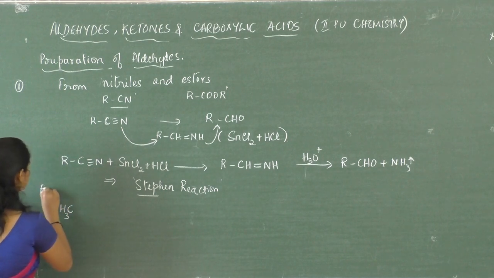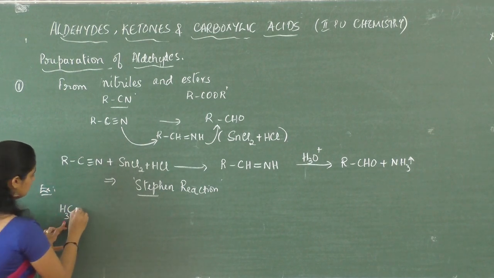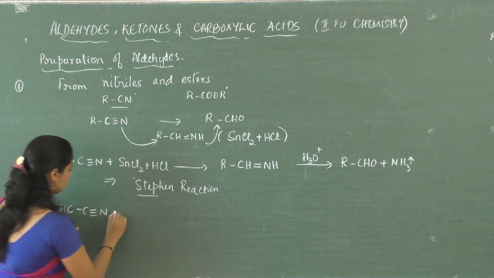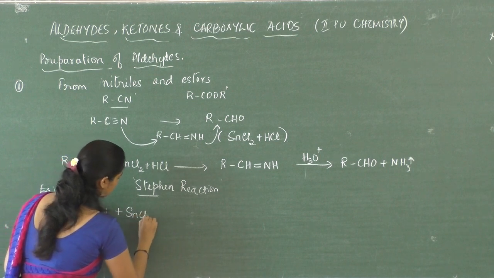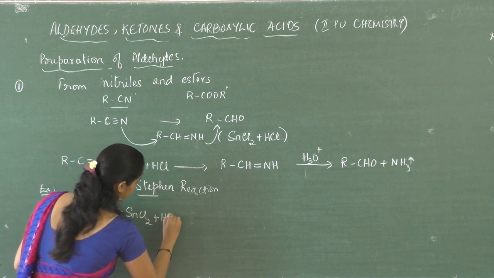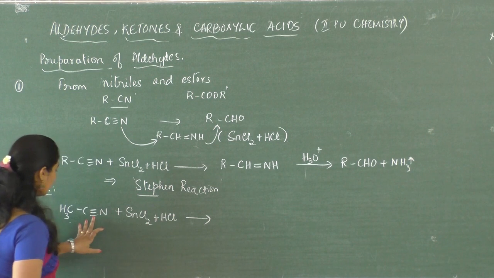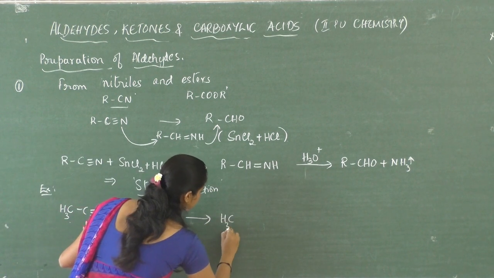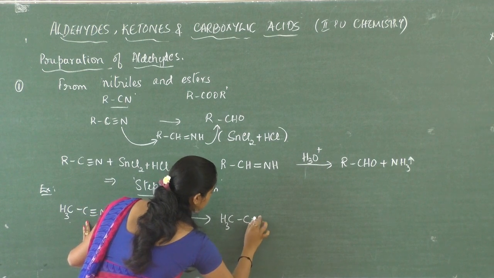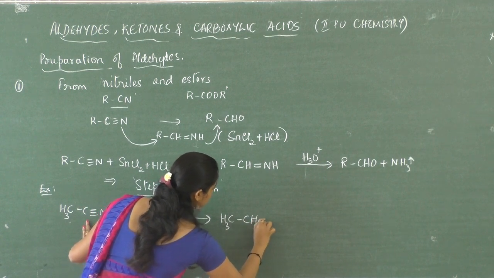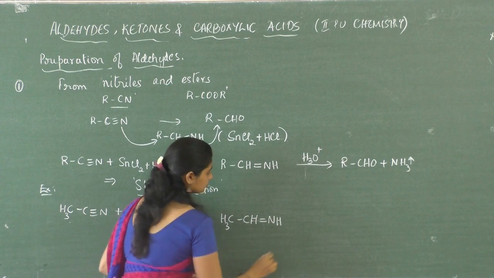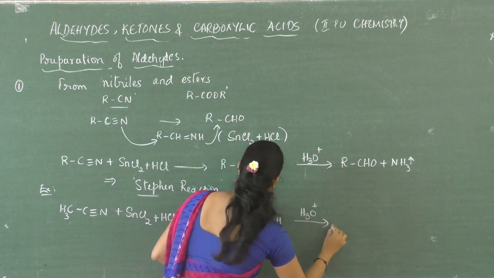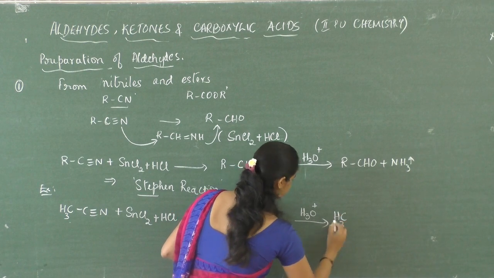So an example for this, CH3 CN. This R is substituted by an alkyl group, stannous chloride plus HCl. Add hydrogen on carbon and nitrogen, so it will form CH3 CH double bond NH. And this is followed by the hydrolysis, forms CH3 CHO.